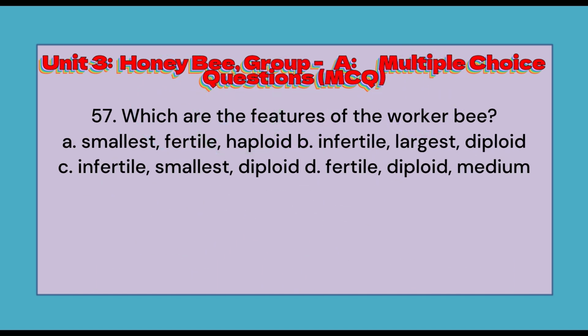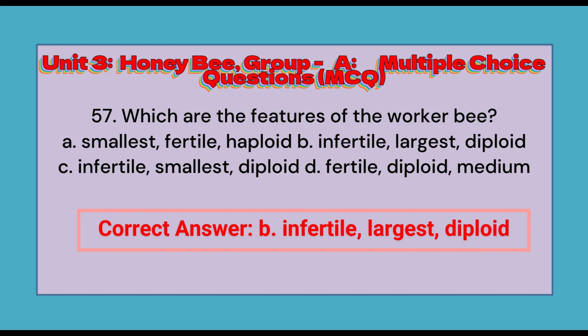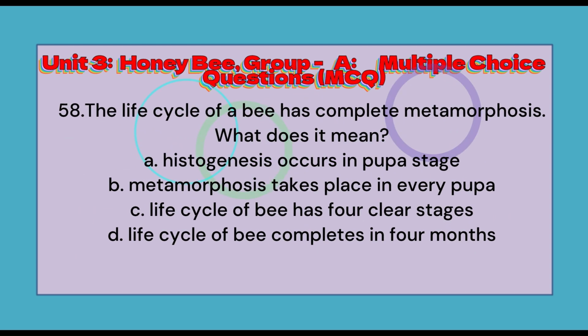57. Which are the features of the worker bee? A. Smallest, fertile, haploid. B. Infertile, largest, diploid. C. Infertile, smallest, diploid. D. Fertile, diploid, medium. Correct answer: B. Infertile, largest, diploid. 58. The life cycle of a bee has complete metamorphosis.